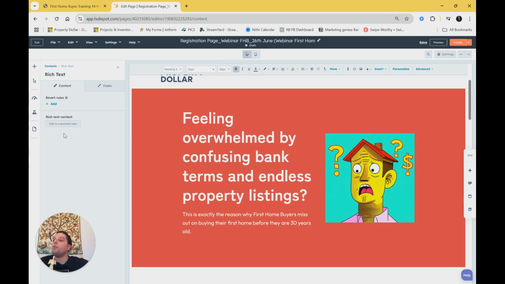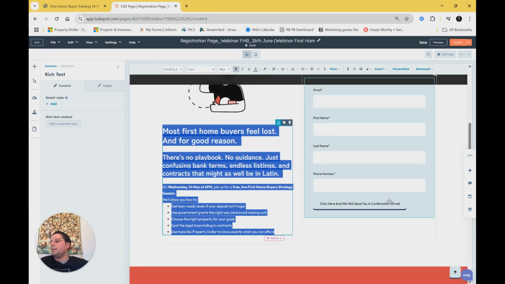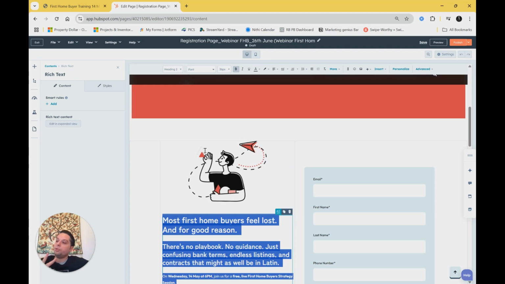It's like, feeling overwhelmed by confusing bank terms and endless property listings. $700,000. When it comes to call to action, you will notice what I have written over here is, click here and we will send you a confirmation email. That's it. Not click here to register. It has to be very specific, and it should tell you in specific steps what's going to happen after you register. Now, here are the three rules that I follow.